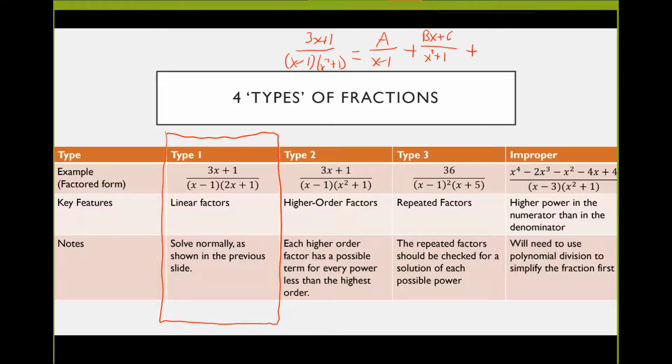So I'll need another term on top for every power that is less than my highest power that I used for that factor.